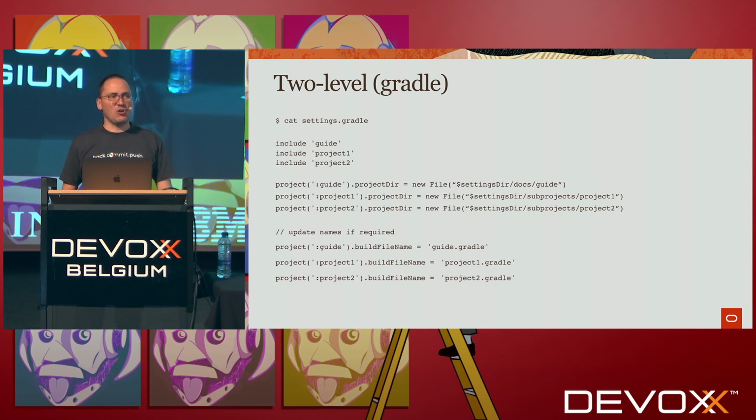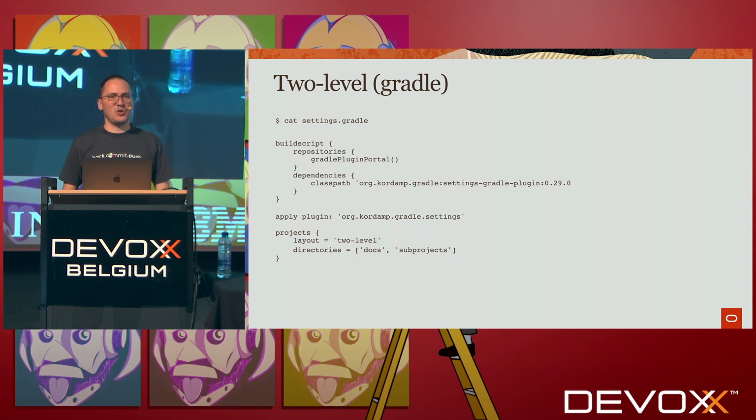We will have to tell Gradle about the different conventions, or apply the settings plugin, say that you want a different layout, in this case 2-level, and you also want to constrain the search of all the directories. By default, it's going to be everything in your current root, or you can say it's only within docs and subprojects. If you happen to have, I don't know, apps, plugins, or extensions, and they are not going to be part of the project for the time being, then just don't list them there.